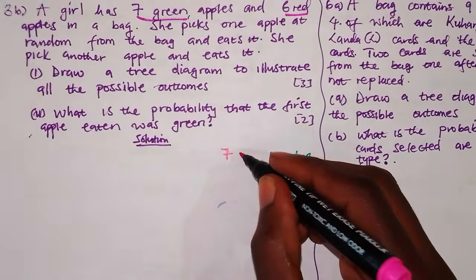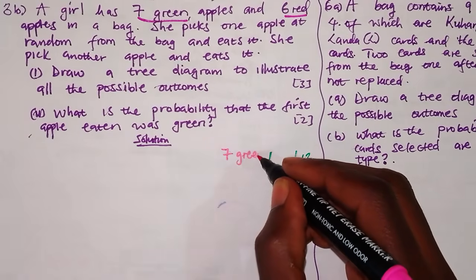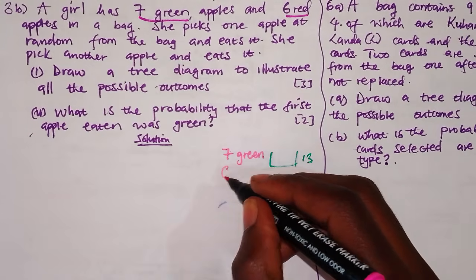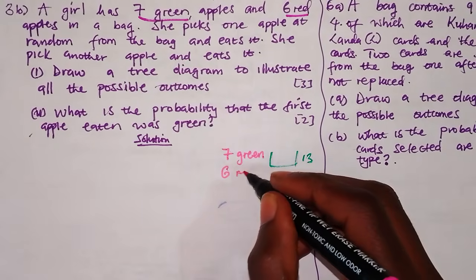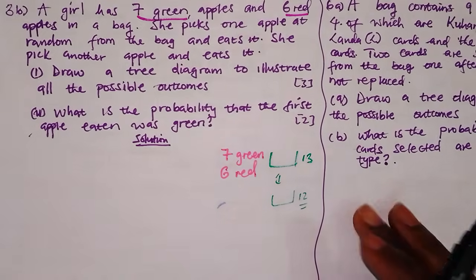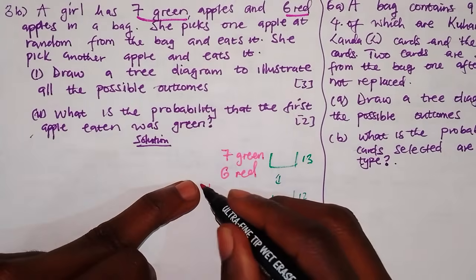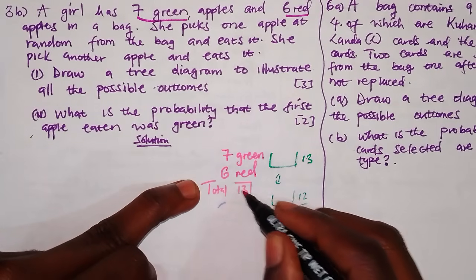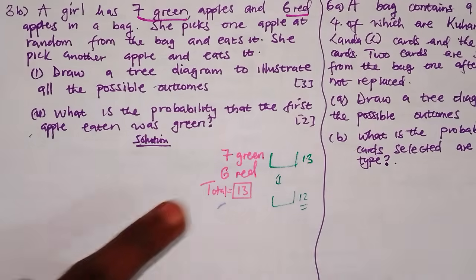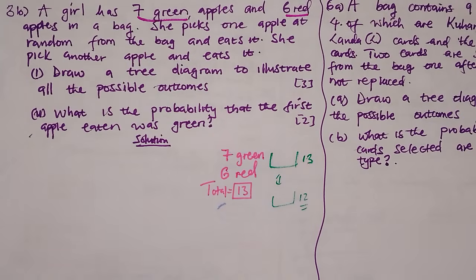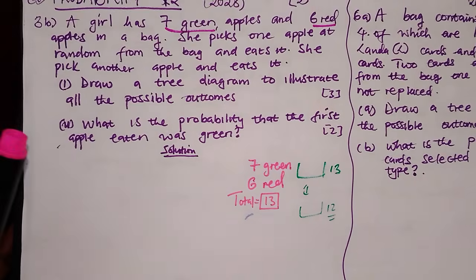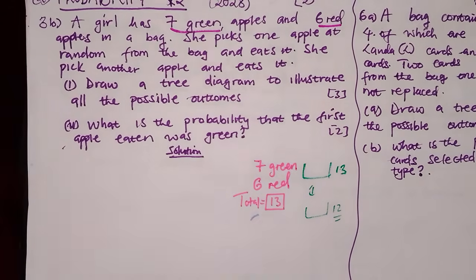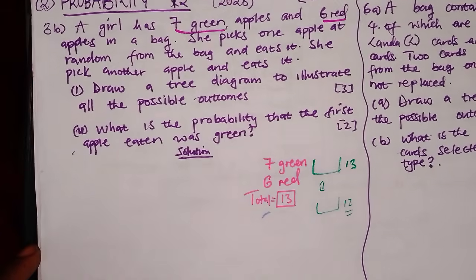7 green apples. And she has 6 red. So we are going to add. So the total was 13 apples. Yeah. So remember, this was in her first pick when she didn't pick any apple. So even us, we are going to follow the exact same thing.